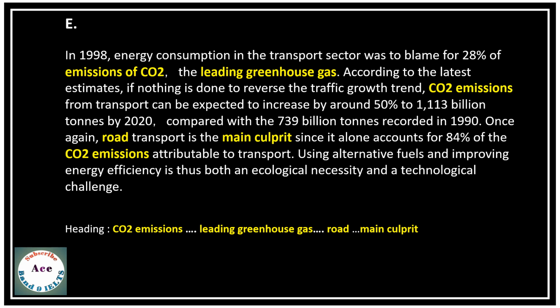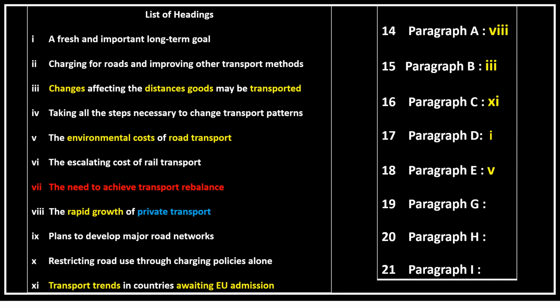The repeating keywords in this paragraph are the emissions of CO2. It also says that the road transport is the main culprit. It means that because of road transport, we have these CO2 emissions, greenhouse gas. So the best option must have these keywords.